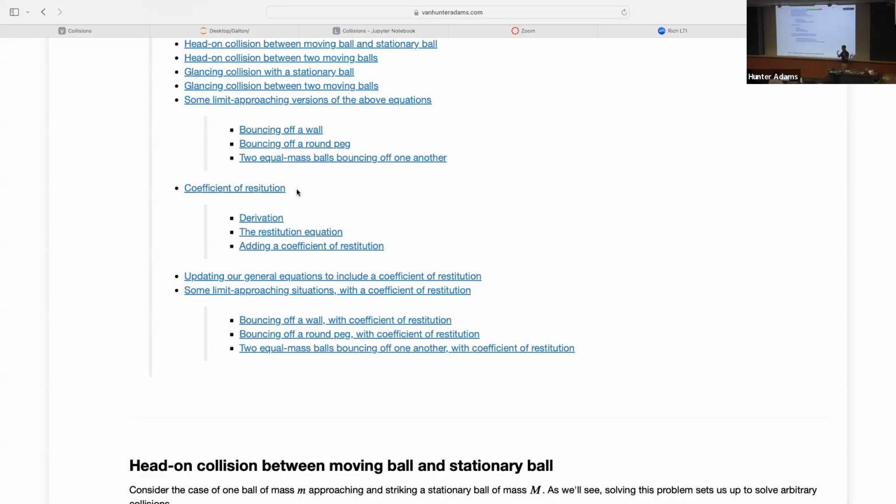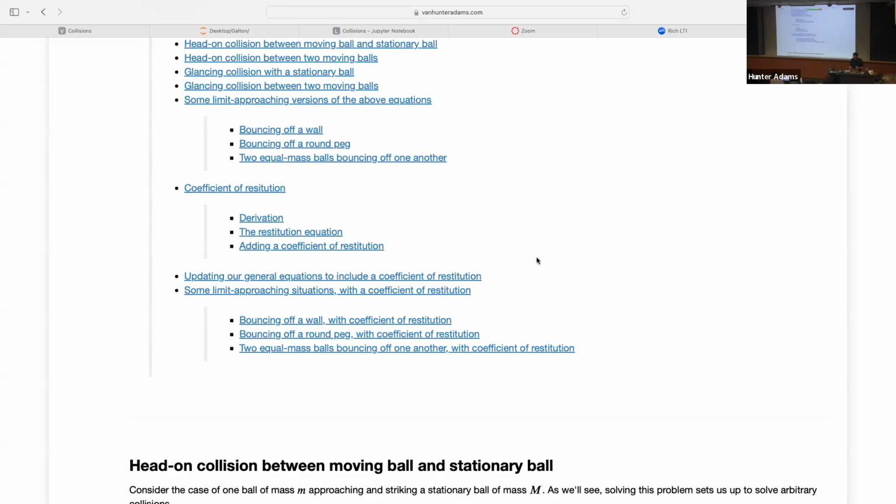But relax that a little bit and ask, is it easier for me to think about this problem if I'm riding on the ball? It often is, or some analogous kind of change in reference frame. And then once you've got it solved, just like the coordinate systems, as a last step, translate it back to your experimental reference frame, the one in which your sensors are actually observing this thing. Or if you have a camera set up watching the balls, the one in which the camera actually sees the balls colliding. But you needn't solve the problem in that reference frame. You just have to ultimately represent the solution in that frame.